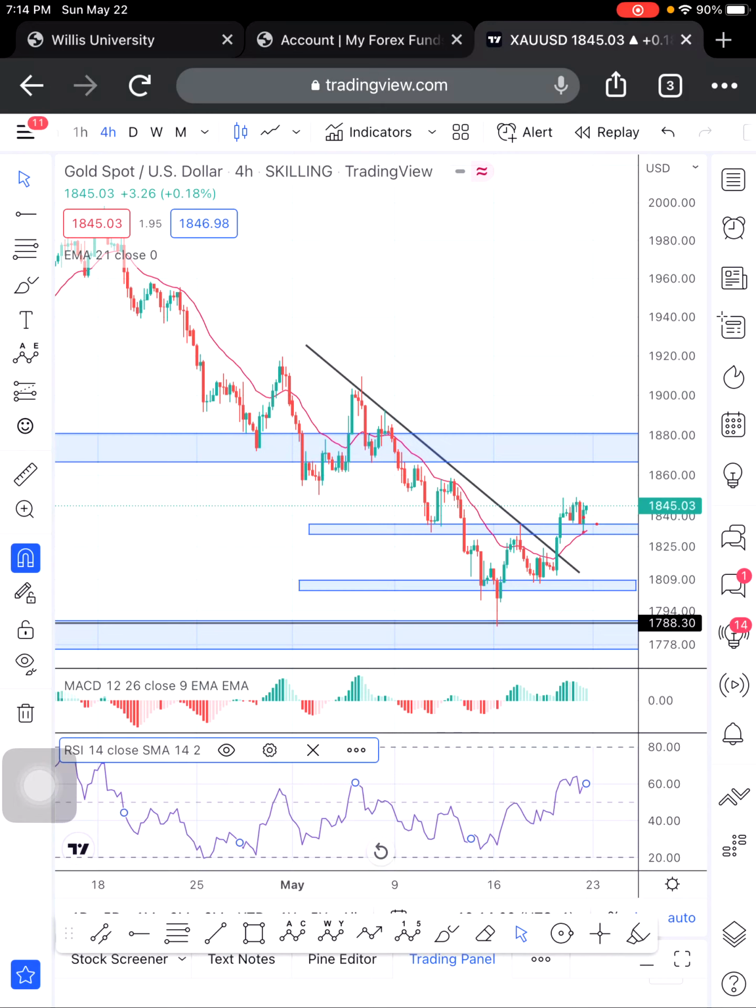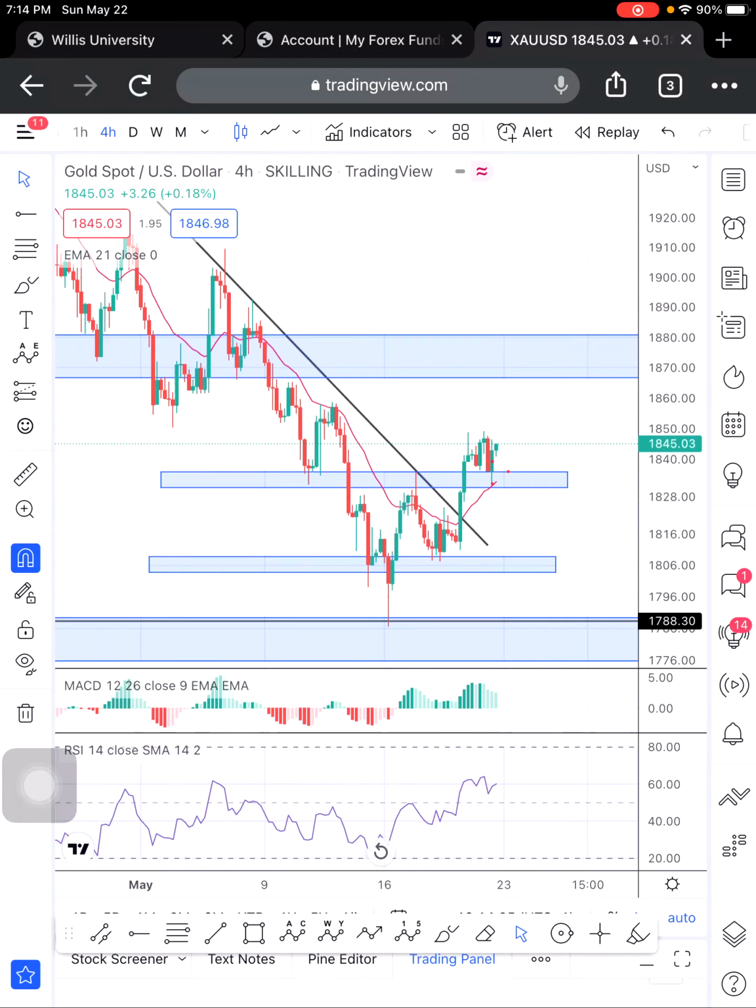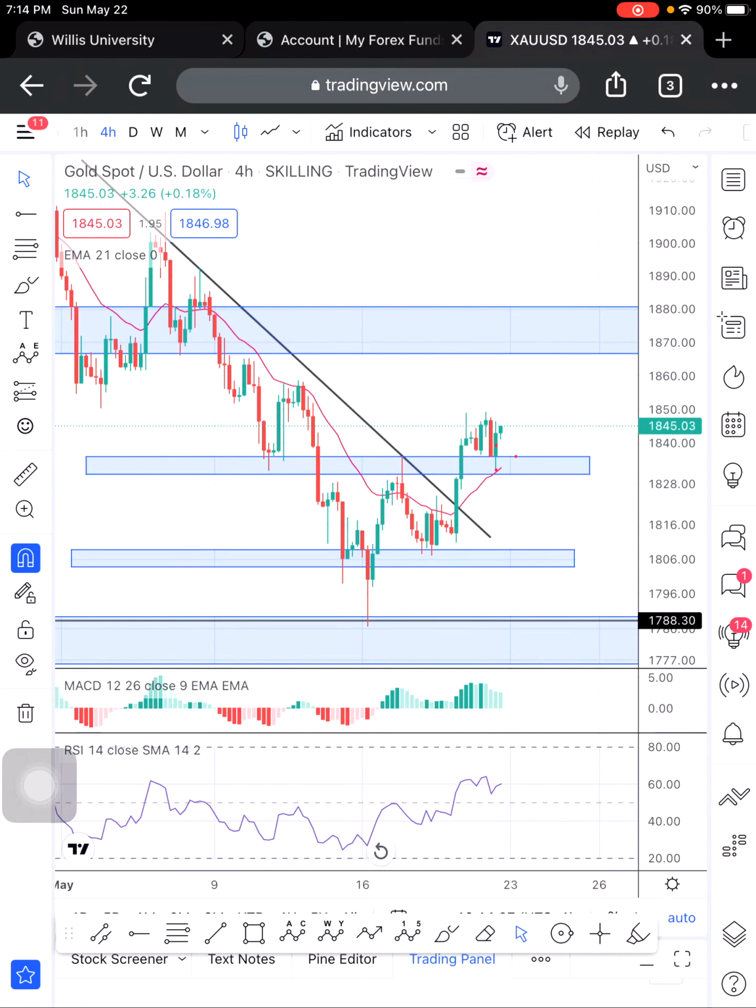Now, take for instance, gold gave us a bullish engulfing candle at the 4 hours. Now we are waiting for a retest. The market didn't come for a retest, only for the market to break above the resistance and came back to test the resistance at this candle, at this point.